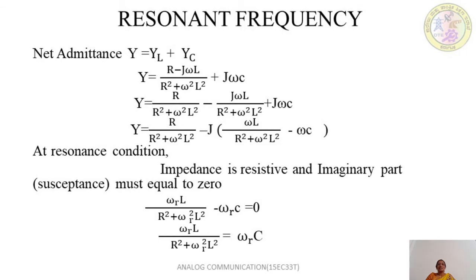Because impedance is resistive, so the j term will not be there. Therefore, we equate omega L by (R square plus omega square L square) minus omega C equal to 0. We write omega as omega R because at resonance condition. Then simplifying, omega R L divided by (R square plus omega R square L square) is equal to omega R C.